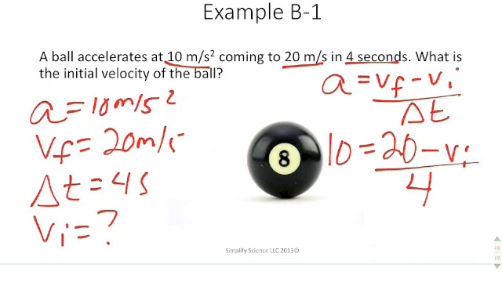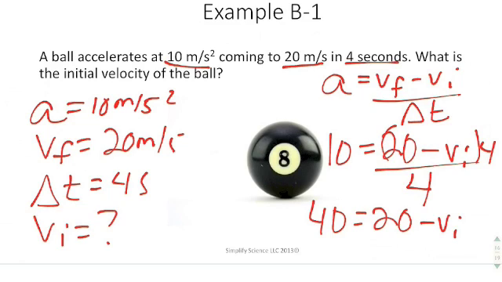The first thing you should notice is that we multiply both sides by 4, and you get 40 equals 20 minus VI. That throws some of you off to begin with, because you're wondering how we're going to do this. Generally speaking, people are taught not to move the variable, but you can move it if you're comfortable with that.